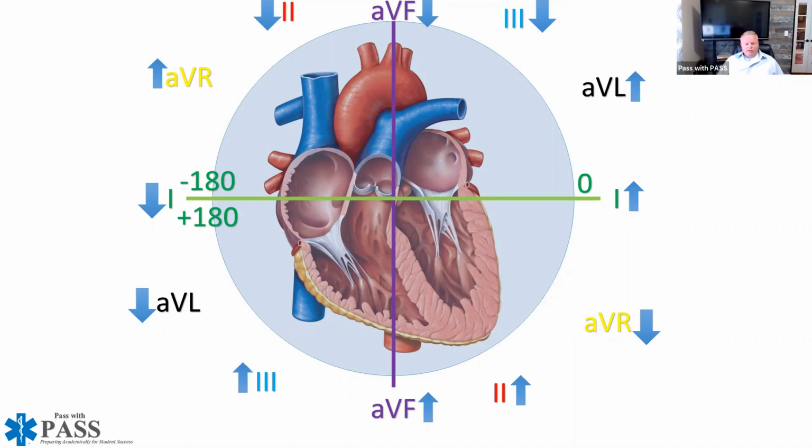The left side of your screen is the division between 180 positive and 180 negative. At the bottom where AVF is, that is a positive 90. At the top, that is a negative 90. And then we look at lead 3, AVR, and AVL, which are the different pieces of the puzzle.